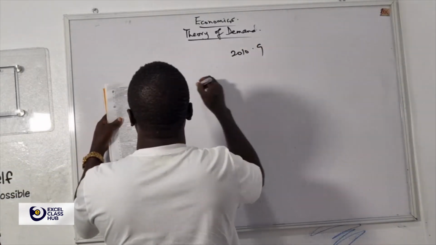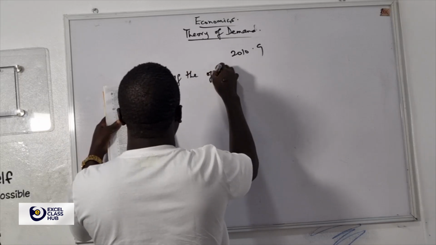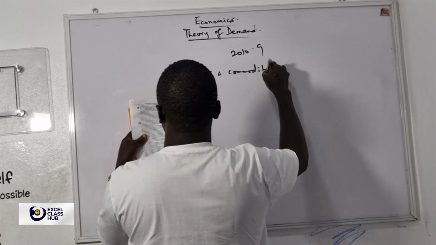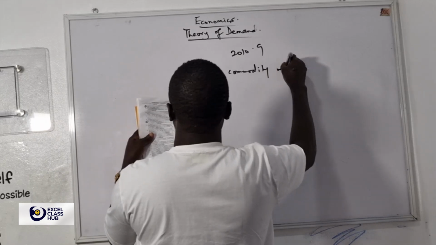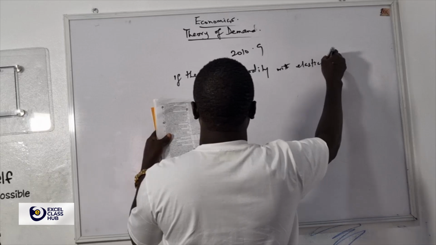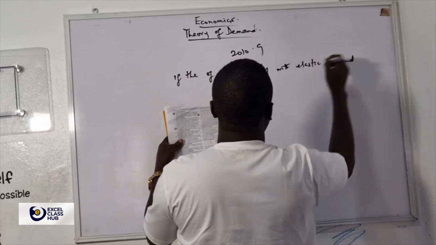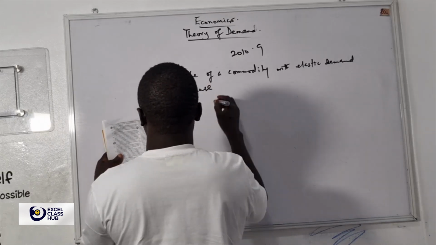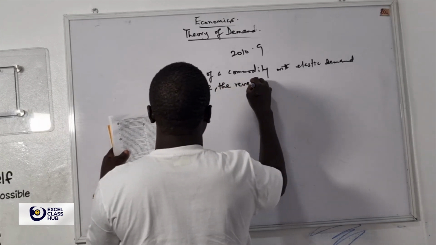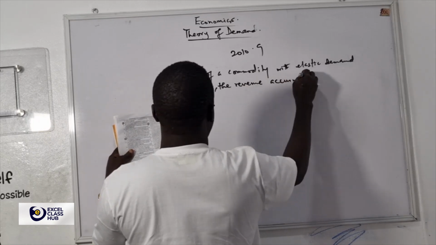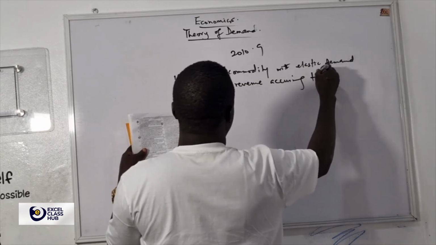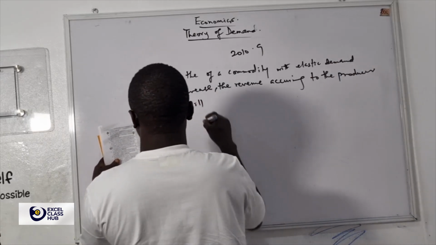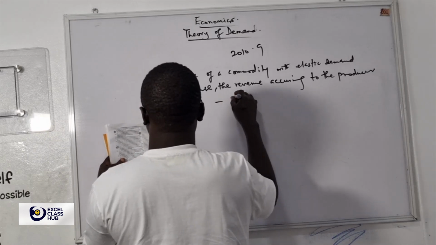If the price of a commodity with elastic demand increases, the revenue accruing to the producer will: option A, double.